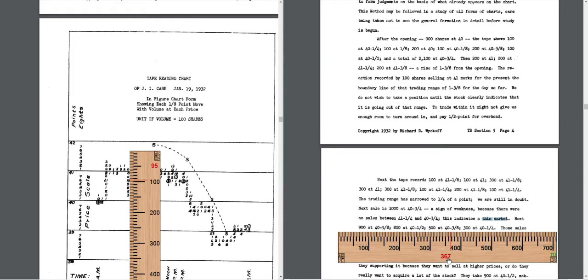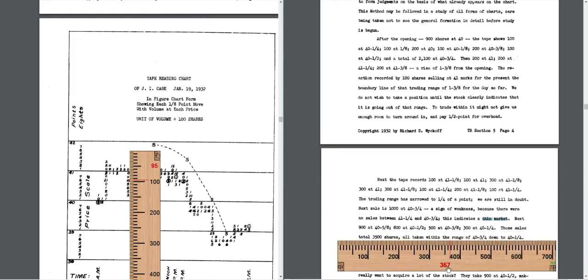Next, 900 and this and this and this. Those sales total 3,500 shares. If you add up the volume of this entire column, which you can see on many charting platforms, they'll give you the volume of the point and figure. So the total volume of the point and figure is 3,500, all taken within the range of 40 3/4 down to 40 1/4.